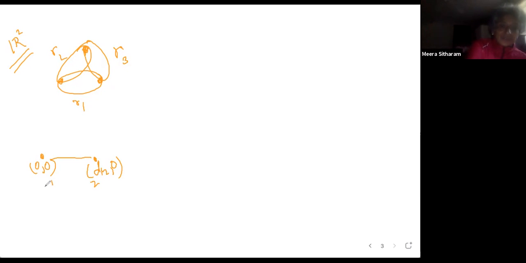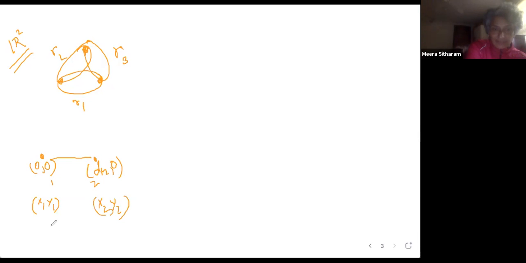If you didn't want to introduce sines and cosines in the beginning, what you should have done is just call these x1, y1 and x2, y2. And of course, that's your familiar equation: x1 minus x2 squared plus y1 minus y2 squared is d12 squared.